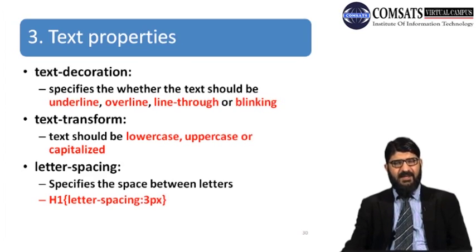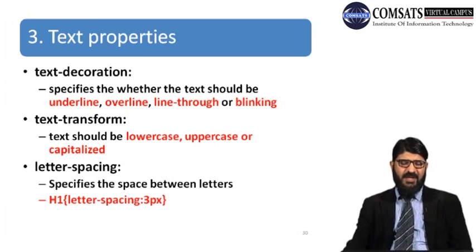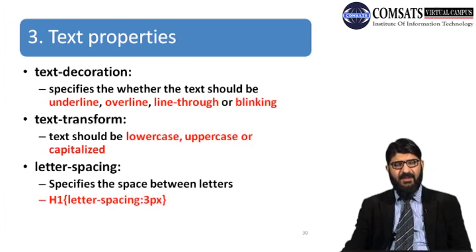So आपका टेक्स्ट एक लाइन के ऊपर आए, लाइन के नीचे आए, या टेक्स्ट के ऊपर लाइन आए, या टेक्स्ट जो है वो ब्लिंक कर रहा हो, ये टेक्स्ट की डेकोरेशन होती है. So we can select one option for a text, और टेक्स्ट डेकोरेशन हम पर्टिकुलर अल्फाबेट, पर्टिकुलर लेटर, पर्टिकुलर लाइन, पर्टिकुलर पैराग्राफ पे भी अप्लाई कर सकते हैं.